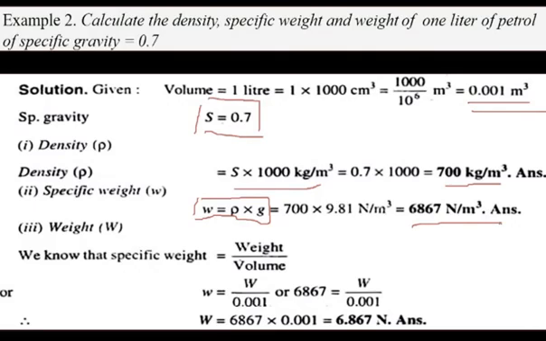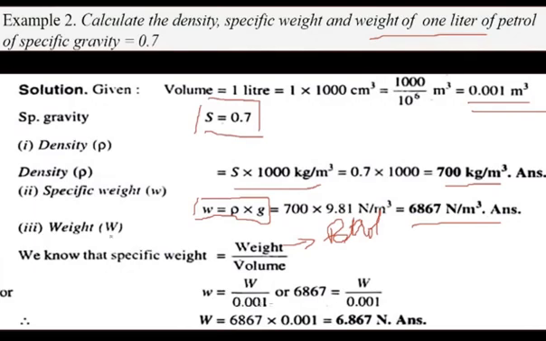Now we have to find the weight of 1 liter of petrol. We know that specific weight is equal to weight per unit volume. So specific weight w is equal to weight, which we have to find, for petrol. The volume we know, that is 1 liter, which is 0.001 meter cube.